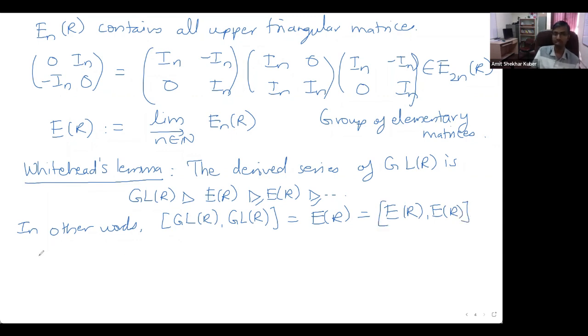As a consequence of Whitehead's lemma, we'll see something about its proof. As a consequence, K1 of R is GLR modulo ER.